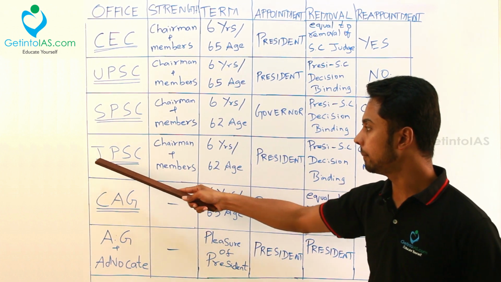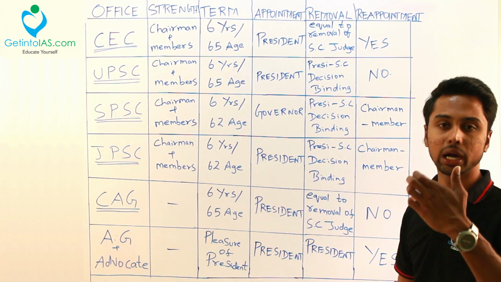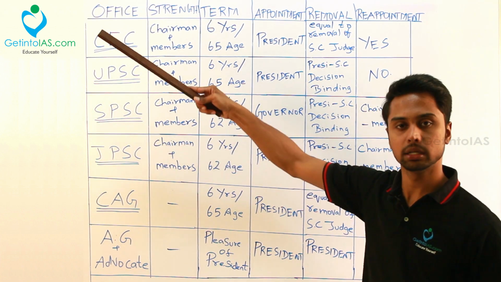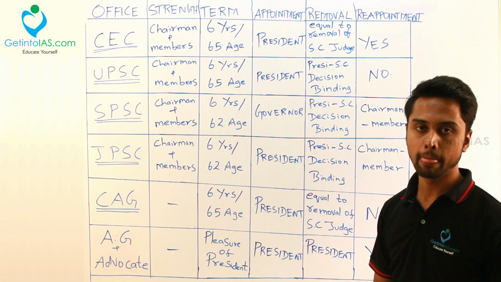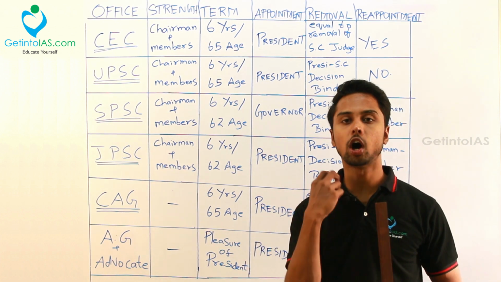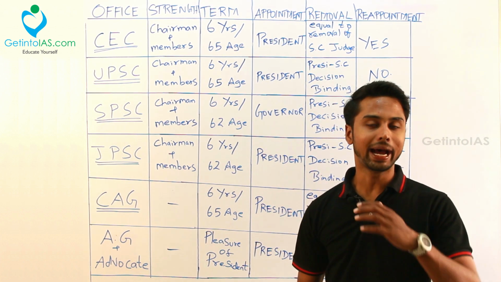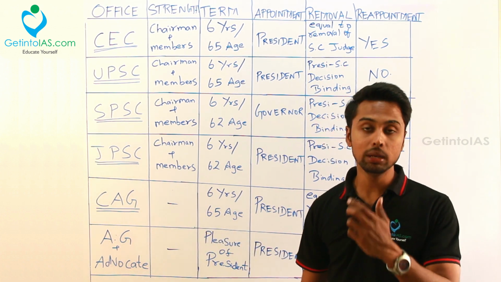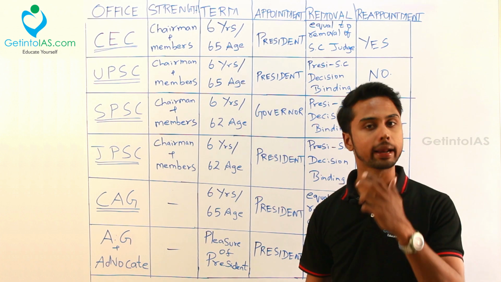What is meant by the Joint Public Service Commission? UPSC has U for Union, the center, and S for state. If two states want a common public service commission, they can request Parliament, and the JPSC will be formed by an act of Parliament.